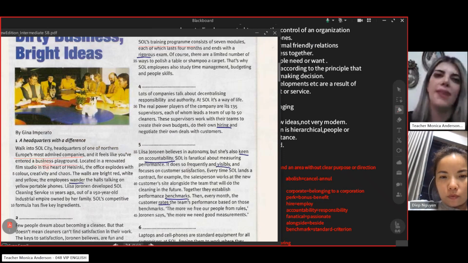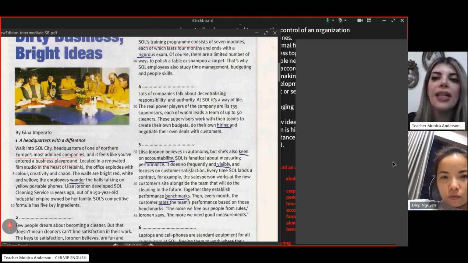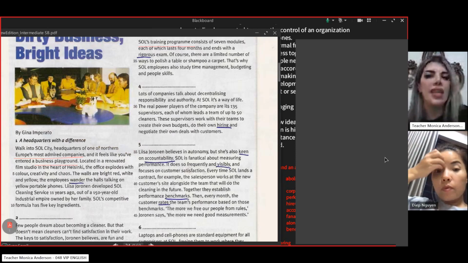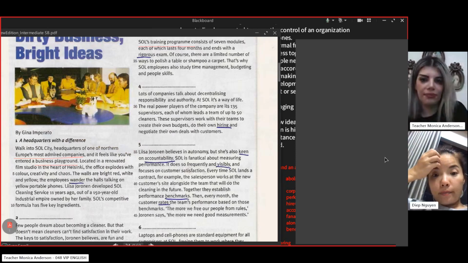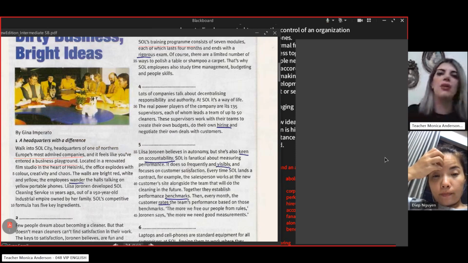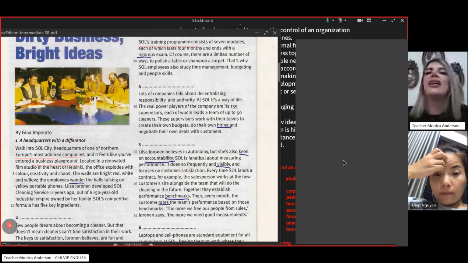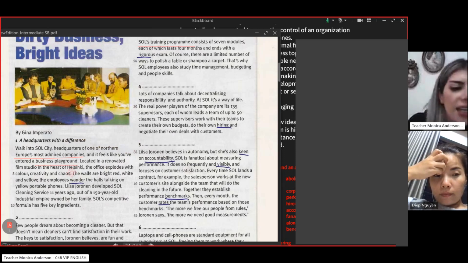For example, Vietnamese cuisine. Vietnamese is a noun, cuisine is a noun. American people. Both are nouns, but the first one is acting like an adjective. Okay, can you find another one?